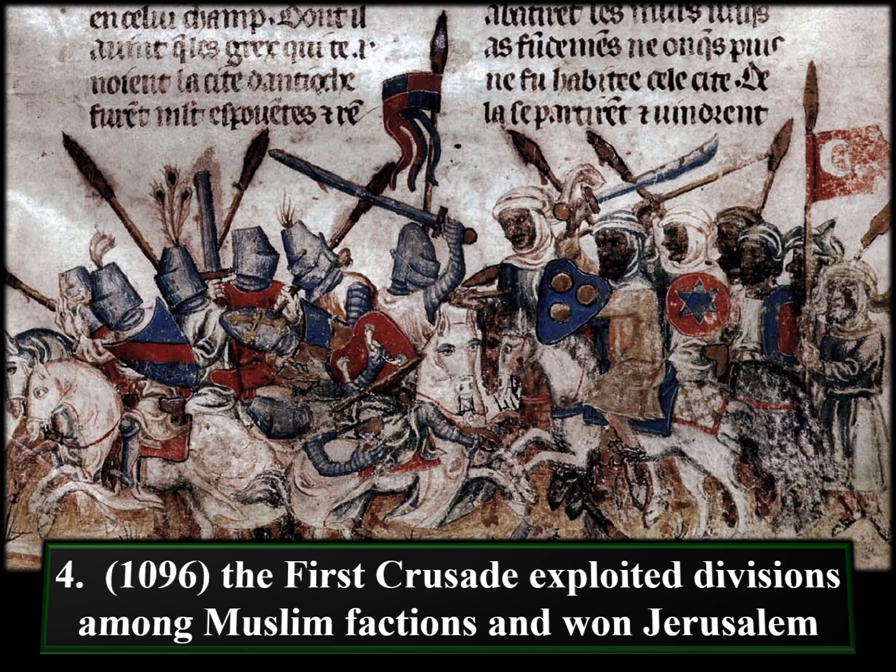In 1096, after Pope Urban's call at the Council of Clermont for the First Crusade, it begins. 1096, the First Crusade exploited divisions among the Muslim factions in the region and ultimately used divide and conquer, and the Christian Crusaders were able to take control over Jerusalem.